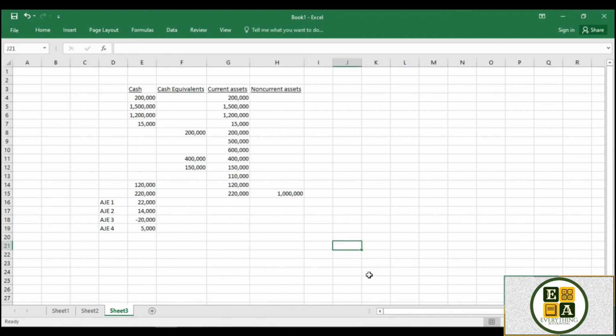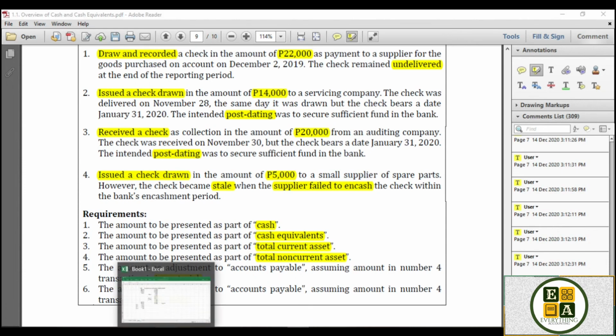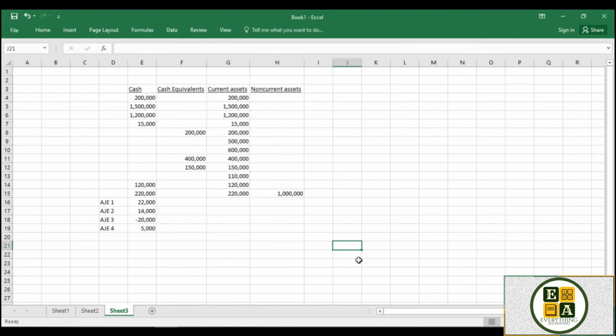Then, yung sagot natin sa items 4 and 5, kasi the amount as adjustment as accounts payable, maglalagay na lang tayo ng additional column. Okay? Dito, sabi na lang natin, accounts payable. Then sa baba, kapag material, then dito naman kapag immaterial.